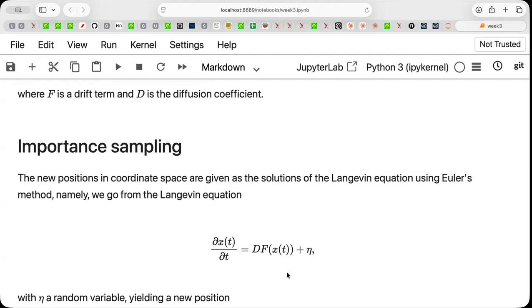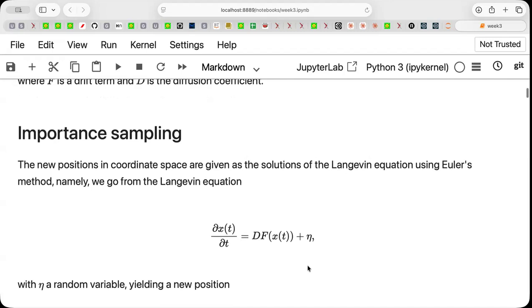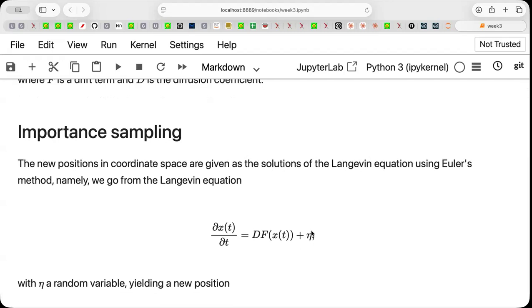In essence, this is an extension of Newton's law in the presence of random fluctuations, which are often thought of as varying much, much faster than the force.